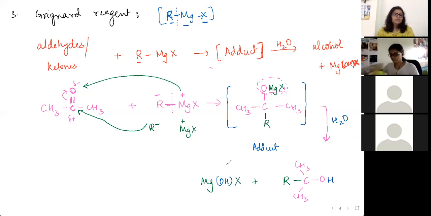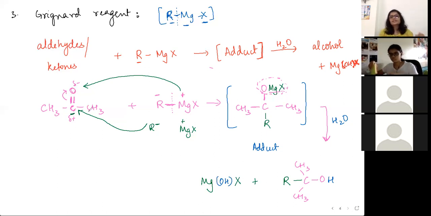So one special thing that you can see is there's an extra alkyl group getting attached to the carbon atom bonded to oxygen.